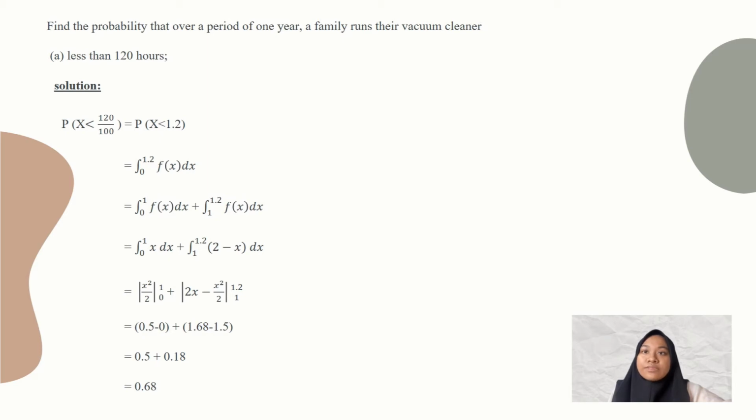Using formula 3 in Definition 3.6, we need to integrate f(x) dx with limits 0 and 1.2. Next, we divide it into the integral of x dx with limits 0 and 1 plus the integral of 2 minus x with limits 1 and 1.2, and we will get the answer 0.68.